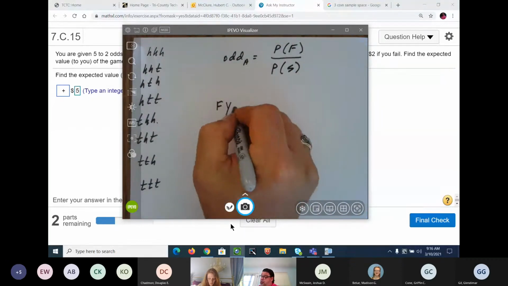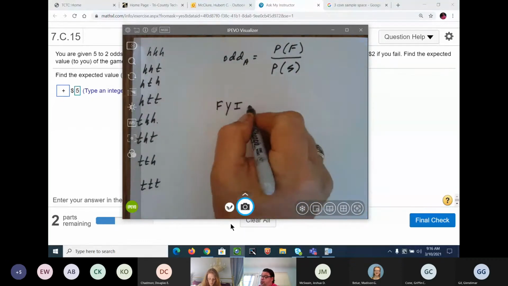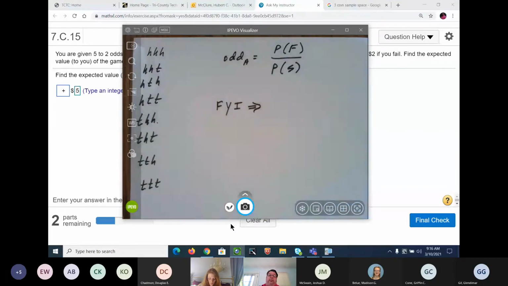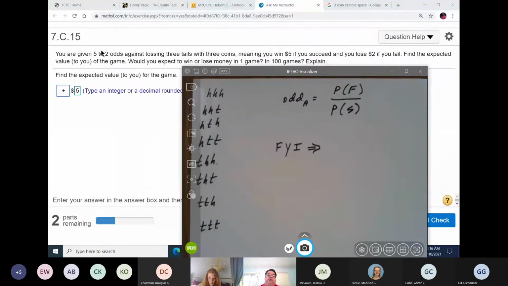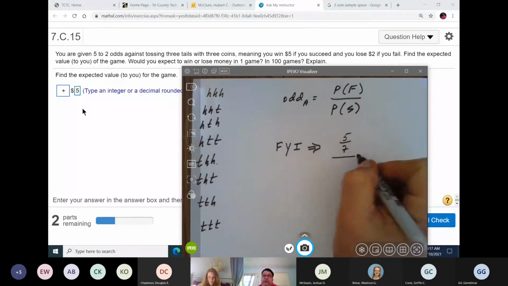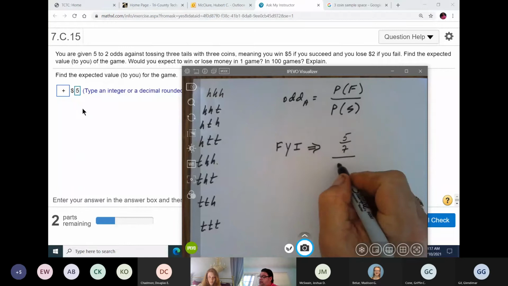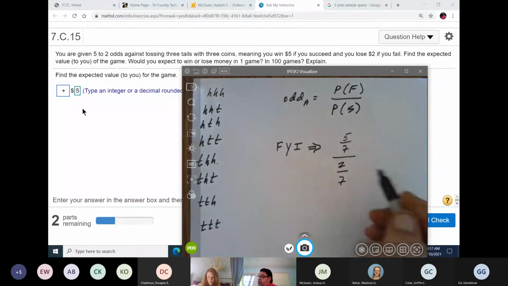If you wanted to find the probability, you know that 5 to 2, the total is 7. So that means you had 5 over 7 divided by 2 over 7. And that's the probability of failure, and that's the probability of success.